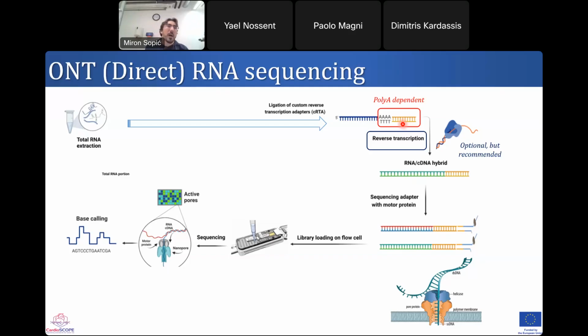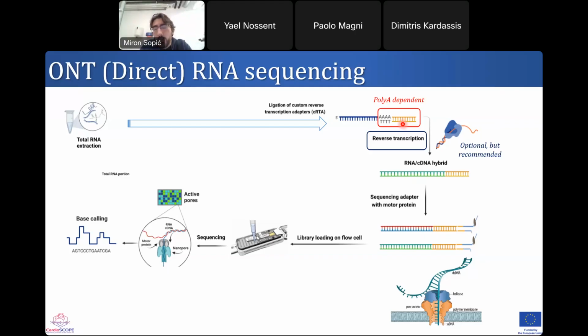We wanted at some point to optimize this method to go with ribosomal depletion and then do poly-A tailing ourselves. So everything that doesn't have a poly-A tail gets a poly-A tail, and then you have a much richer transcriptome to analyze.